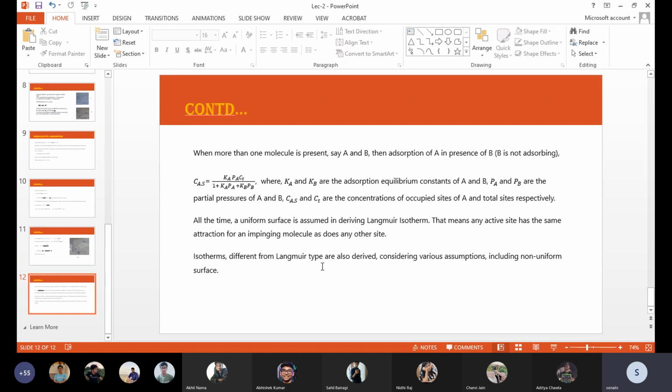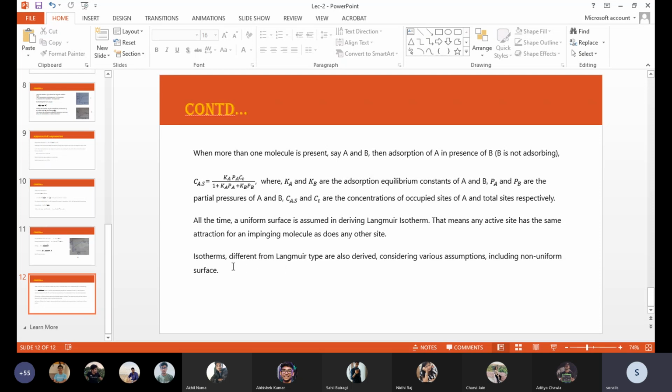Isotherms different from Langmuir are also derived. Except Langmuir isotherm, we have many other isotherm equations. I already said these are postulated, these are proposed equations, which are prepared by following the adsorption properties of different gases, and from there these generalized equations are formed.